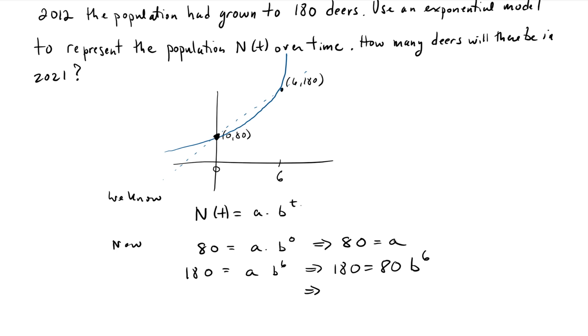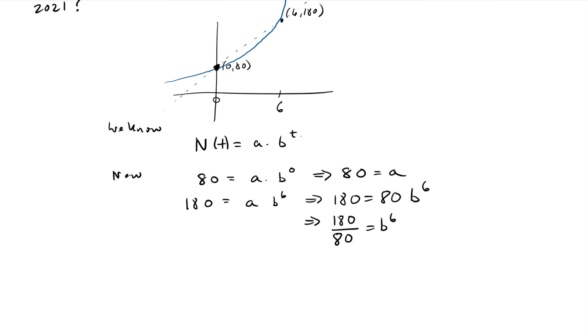So I divide 180 by 80. That's b to the 6. And finally b is going to be, so to remove the 6, I need to raise both sides to the power 1/6.